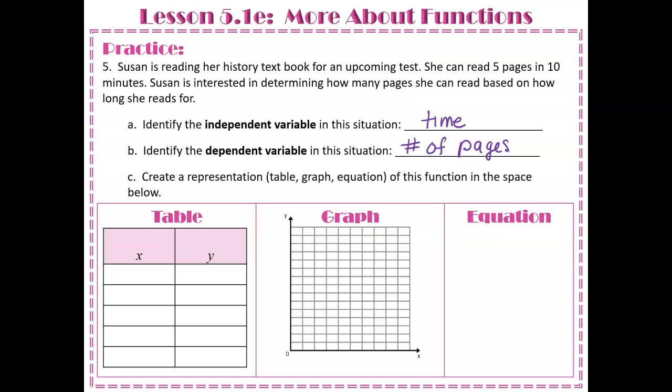So we are just going to write an equation for that. So 5 pages in 10 minutes. Remember, the time is your x. Let's look at the table. The time, let's do hours. Oh no, this is minutes. They said minutes, so let's change that to minutes.